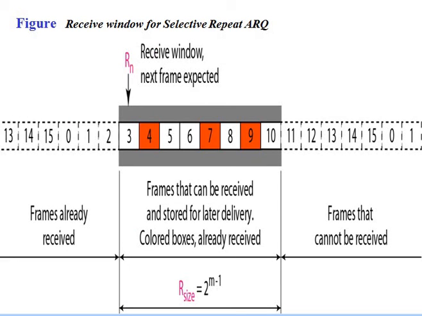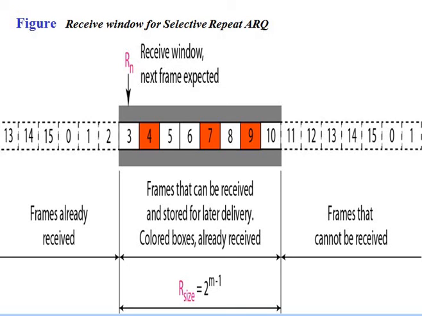Next, the receive window for Selective Repeat Request is shown here. The receive window has Rn, the next frame to be expected. The first region shows frames already received. Second region, frames that can be received and stored for later delivery.